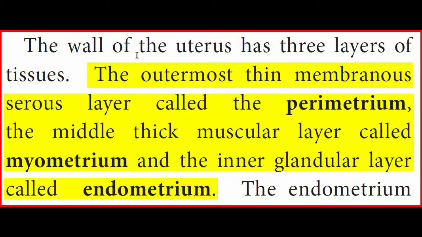The inner glandular layer is the endometrium. Children, this is a 3-mark question. Once again, the wall of the uterus has 3 membranes: outer perimetrium, middle thick muscular myometrium and inner glandular endometrium. Okay, children?